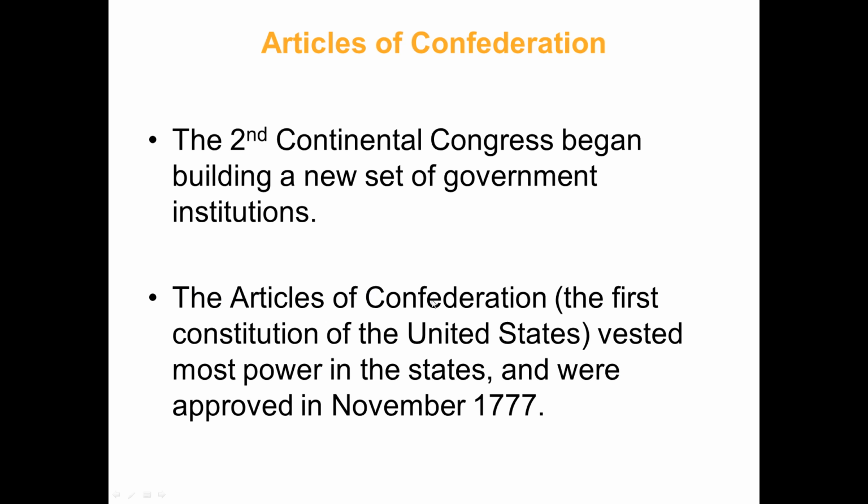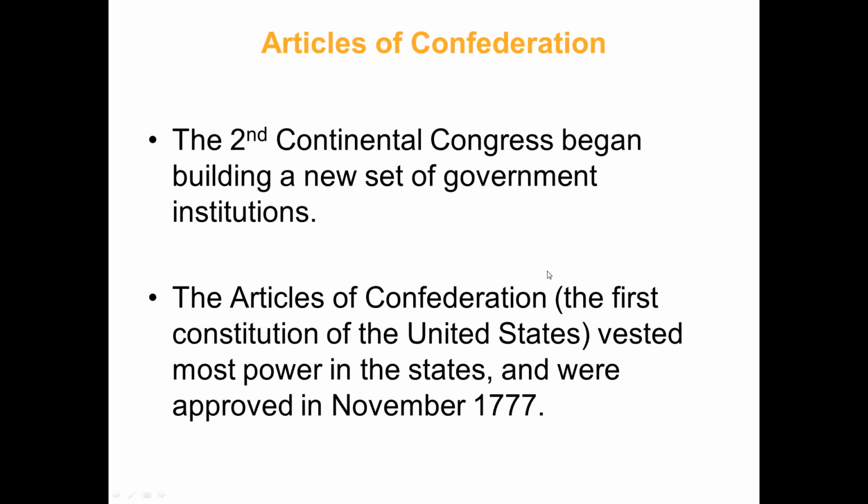The Articles of Confederation are the first attempt at this. This is distinct from the Constitution we'll be talking about further on in the lecture, which is eventually arrived at and still governs us today. The Articles of Confederation could be looked at as the first Constitution that is eventually superseded.